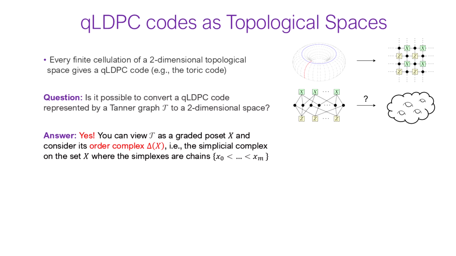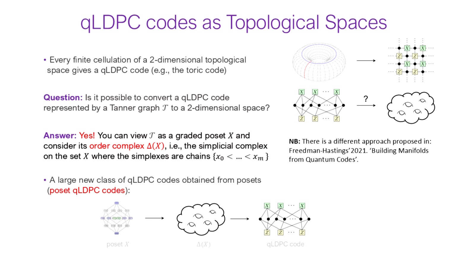If we interpret a qLDPC code in this way, there is a very natural way to assign a simplicial complex to an arbitrary qLDPC code. In fact, if we apply this idea to the toric code, we again obtain a toric code, which is also interesting. Why did I mention this idea?